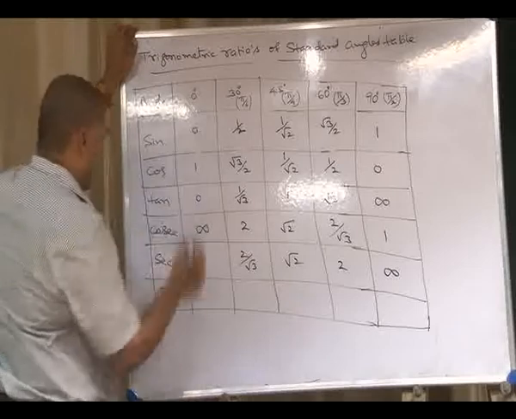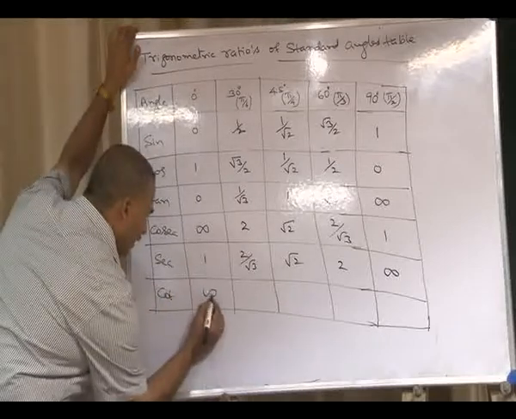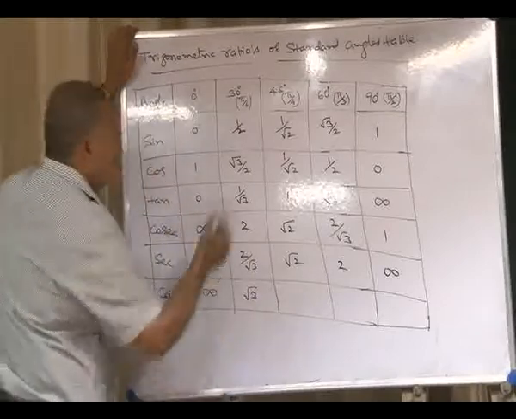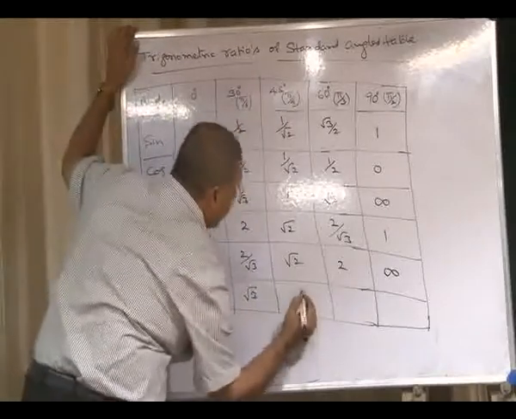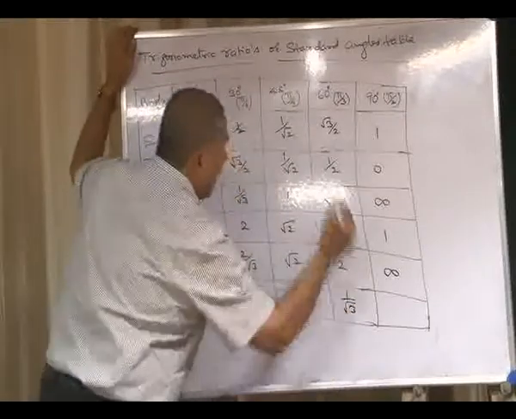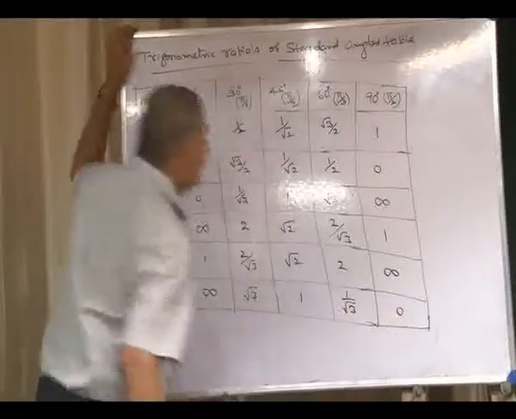Next cot values: cot 0 is infinity, cot 30 is root 3, cot 45 is 1, cot 60 is 1 over root 3, cot 90 is 0.